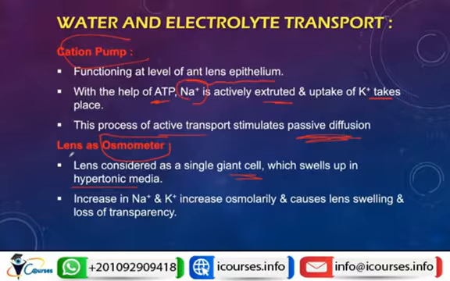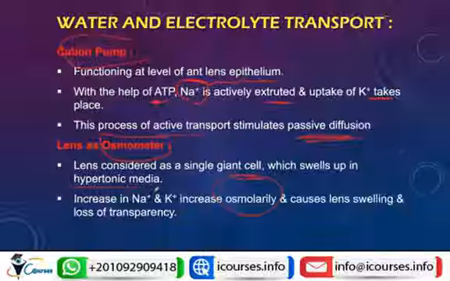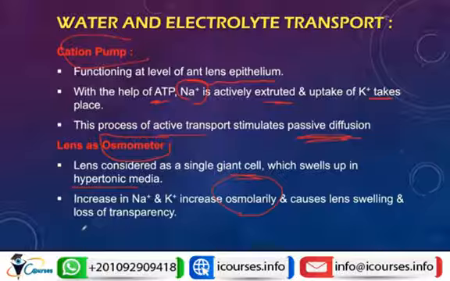If there is an increase in the sodium and the potassium, it will increase the molecules and this will increase the osmolarity. Since there is an increase in the osmolarity, the lens will absorb water and will draw water from the aqueous and vitreous, and this will lead to loss of the lens transparency.